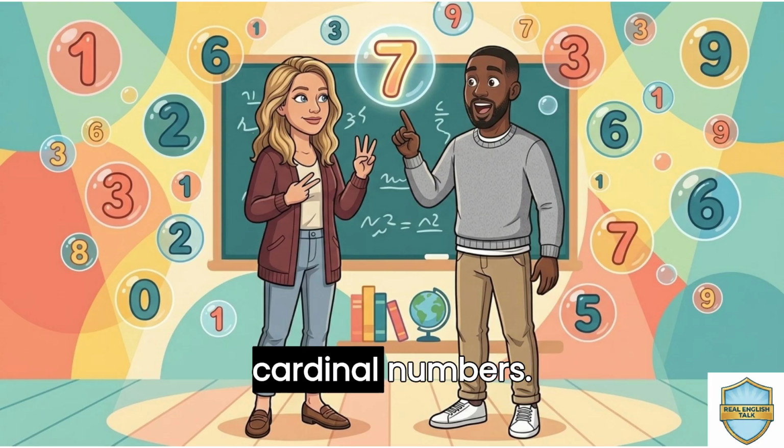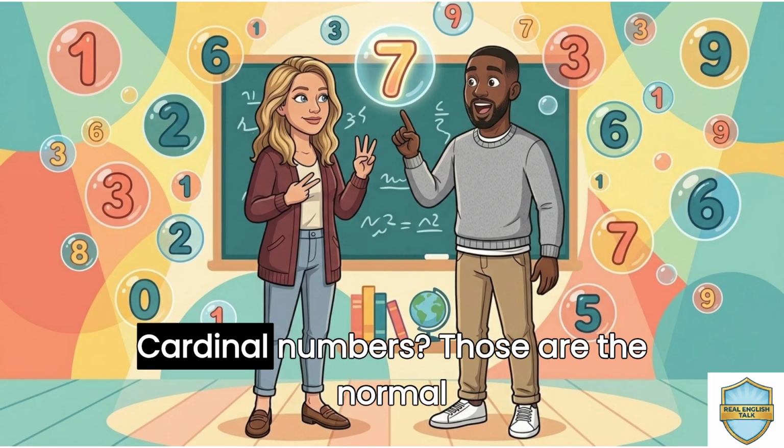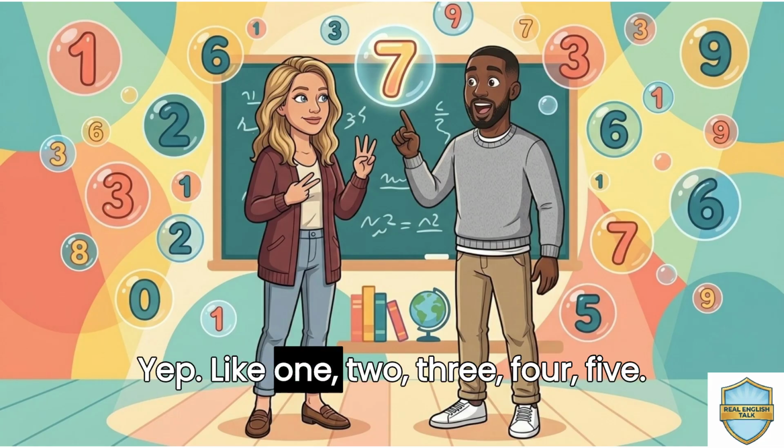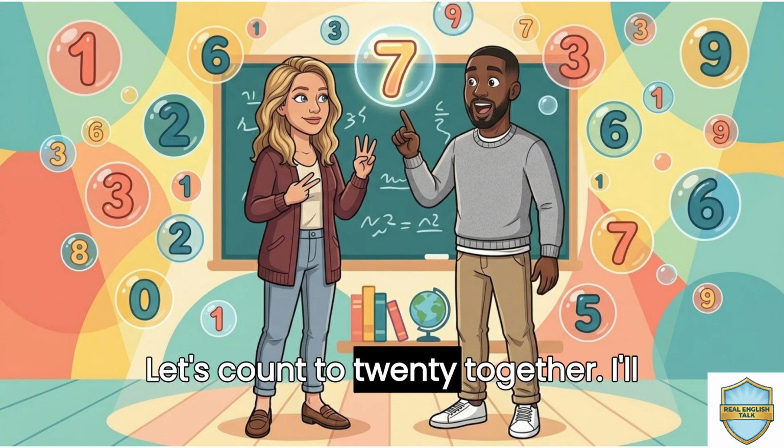First, we have cardinal numbers. Cardinal numbers? Those are the normal counting numbers, right? Yep, like 1, 2, 3, 4, 5. Let's count to 20 together.